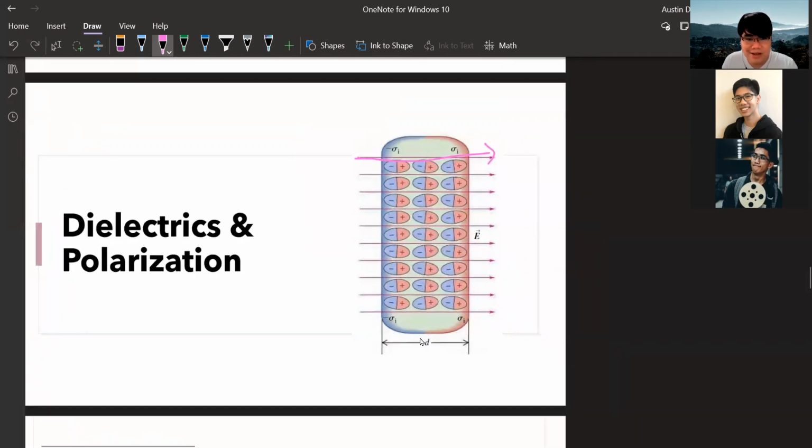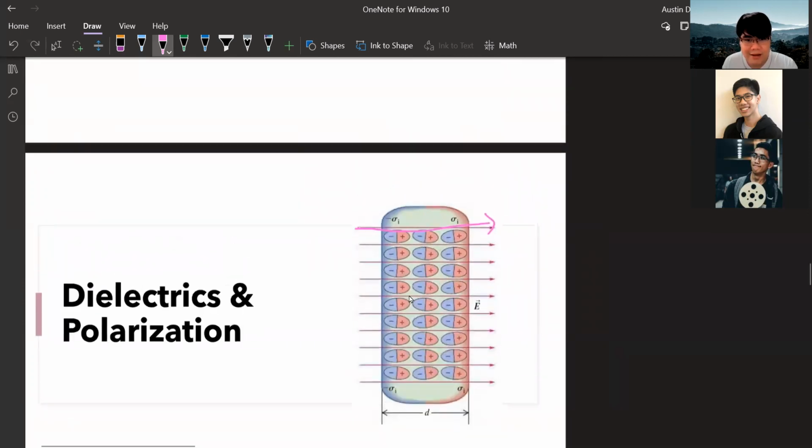May tinatawag tayong polarization ng material. And you can see that, mapansin nyo dito sa inside ng mga charges, these guys cancel out. Yung mga na-charge na ganyan, they cancel out. And you're left with the positively charged surface here and a negatively charged surface here.